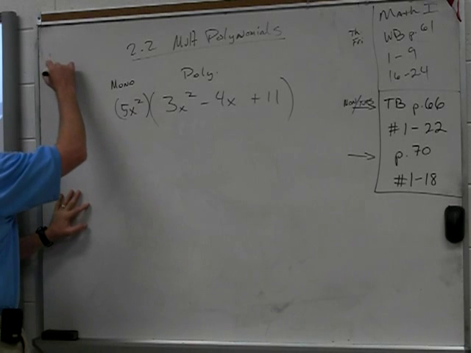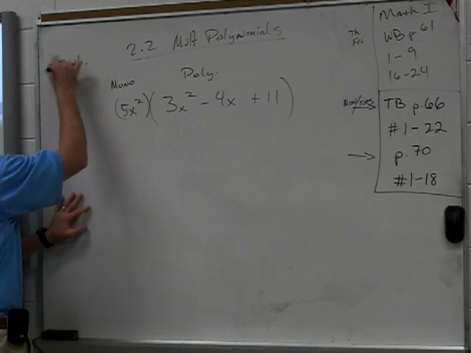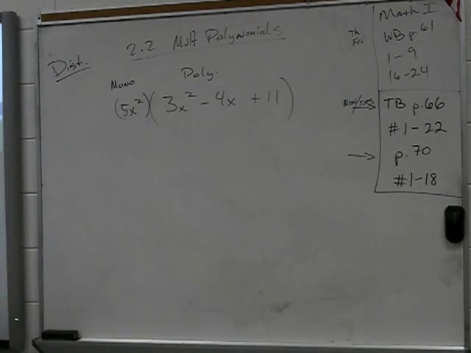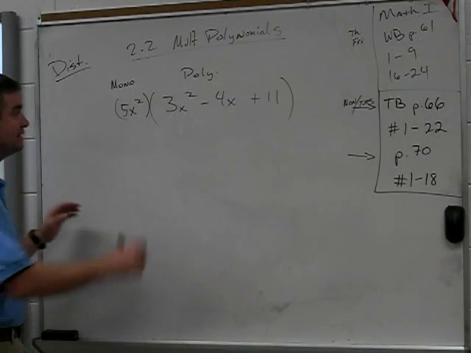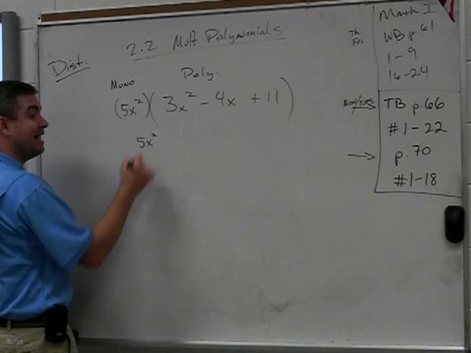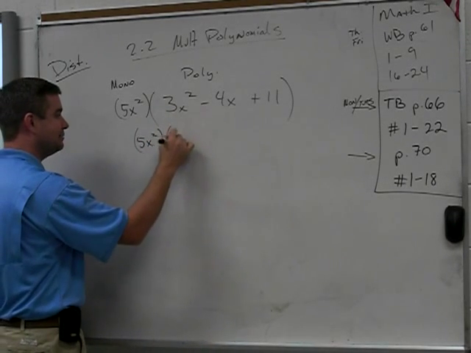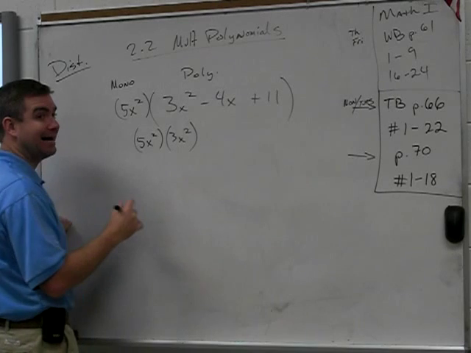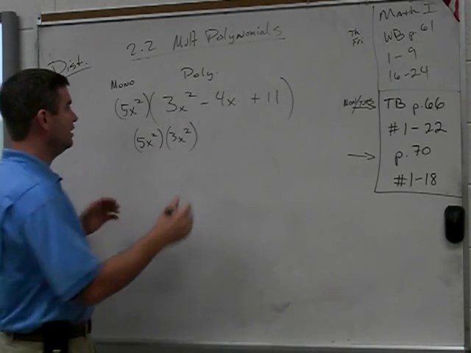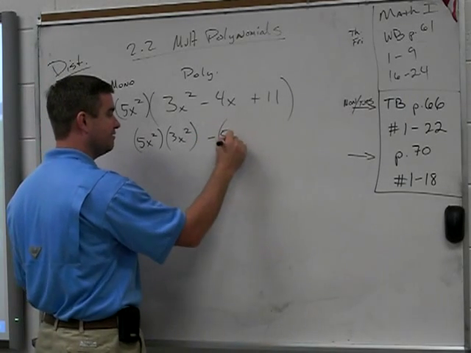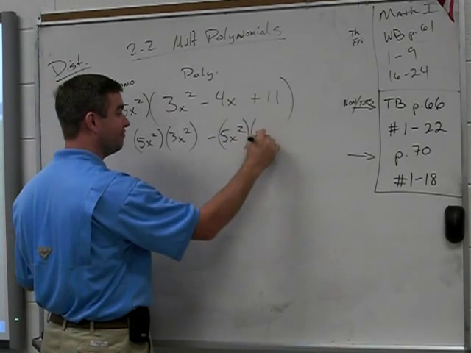The way that you're going to do this is you're going to use the distributive property. If I'm going to take this and distribute it to all three places, what's actually happening is 5x squared times 3x squared. I'm going to write it out. I don't ever write out the step except for the first time that we do it. Then this would be minus 5x squared times 4x.